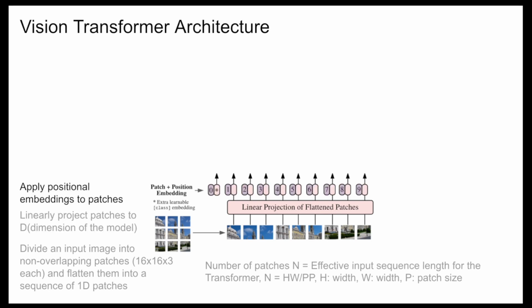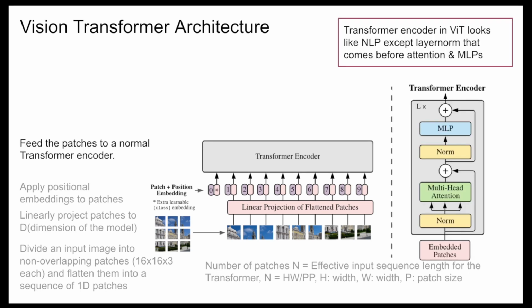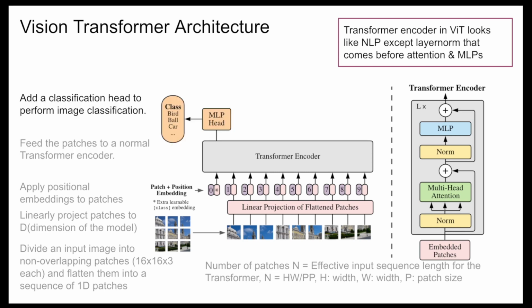The third step is to apply position embedding to the patches. The fourth is to feed the patches to a normal transformer encoder. This transformer encoder is pretty much the same as the encoder in NLP, with the exception of layer norm that comes before attention and MLP. And after that, you add a classification head to perform image classification.